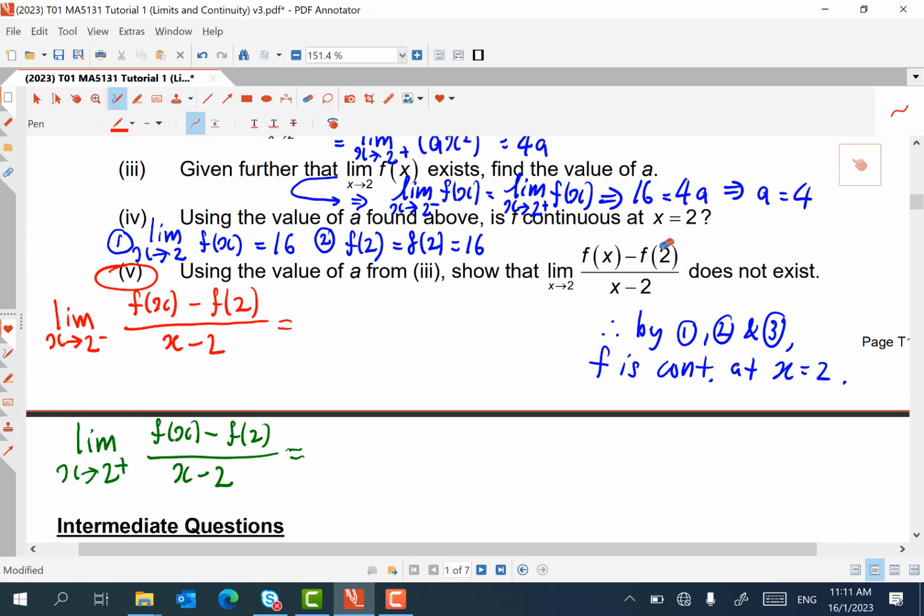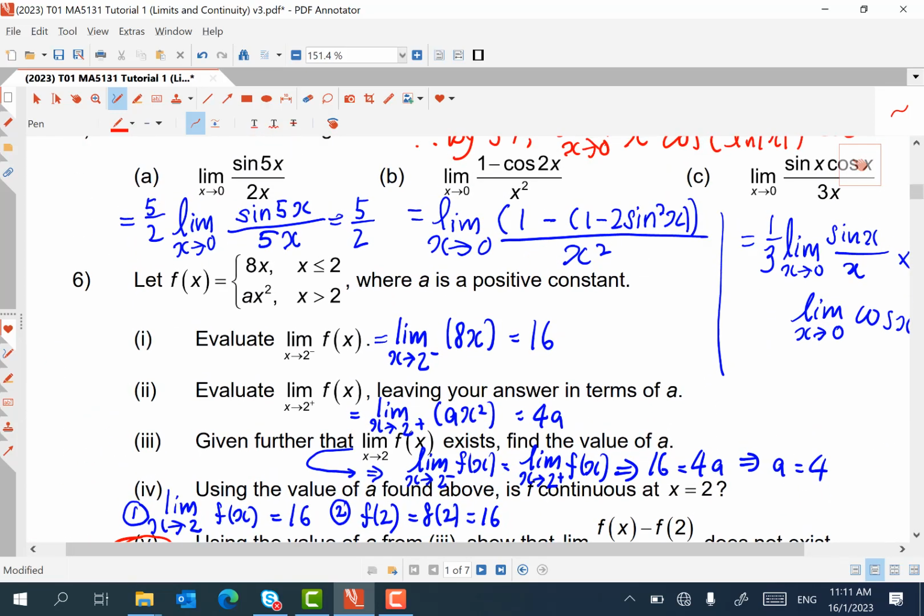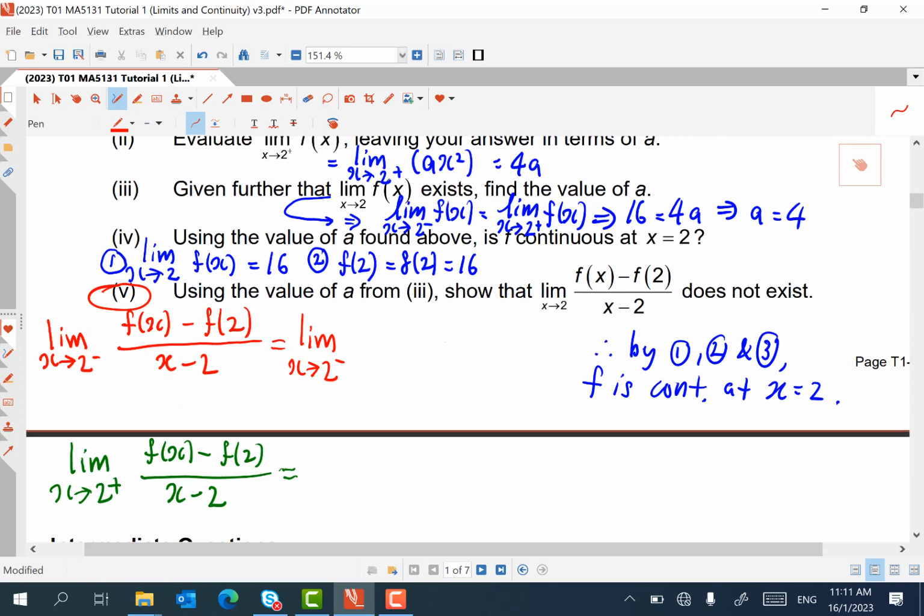Okay, so for the first one, it becomes limit x goes towards 2 minus 8x, x minus 2, 8.